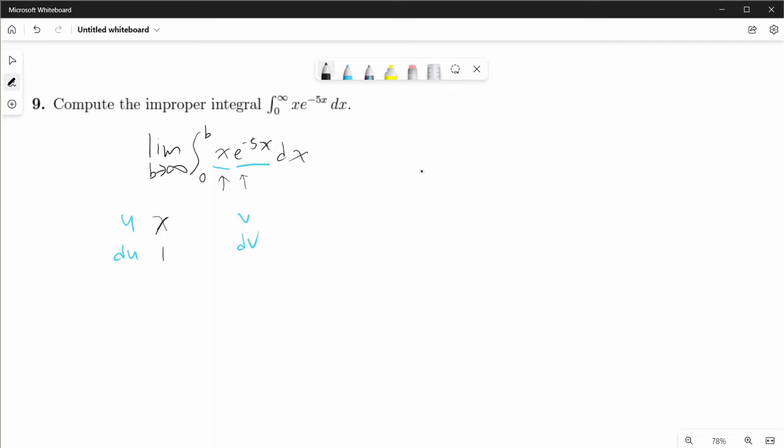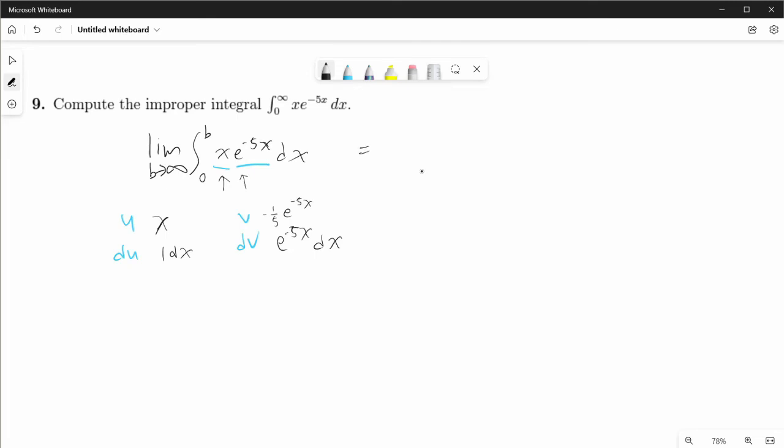So in turn, 1 dx would be my du, and then dv would be the exponential term, e to the negative 5x dx, and then negative 1/5 e to the negative 5x will be my v. Remember the chain rule.